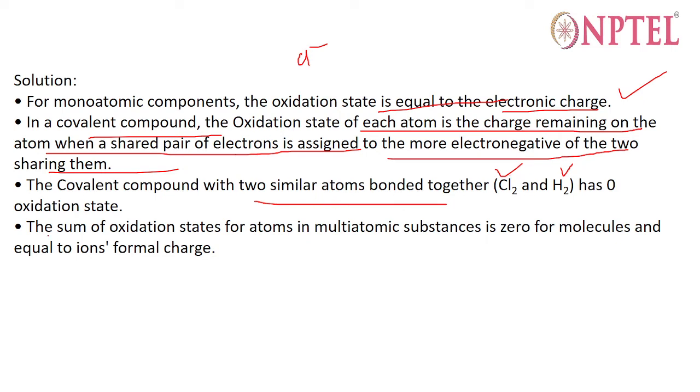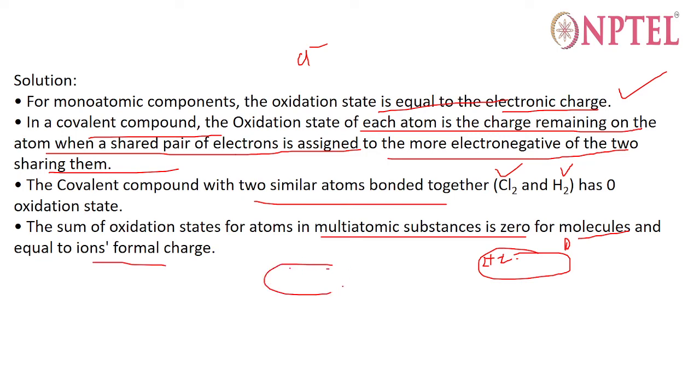Then the sum of the oxidation states for the atoms in multi-atomic substances is 0 for molecules, obviously. It might be +2 and then -2, +3, -3, and it will be totally 0 for molecules. And for ions, it will be the formal charge.